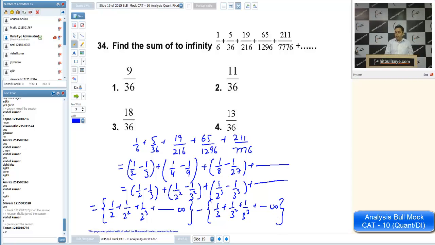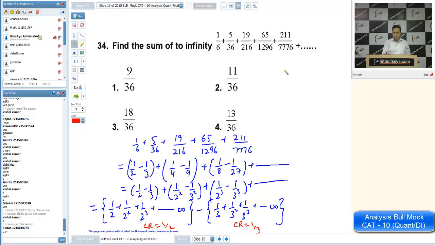So I am having two infinite series. In the first case, the common ratio is 1 by 2, and in the second case the common ratio is 1 by 3.